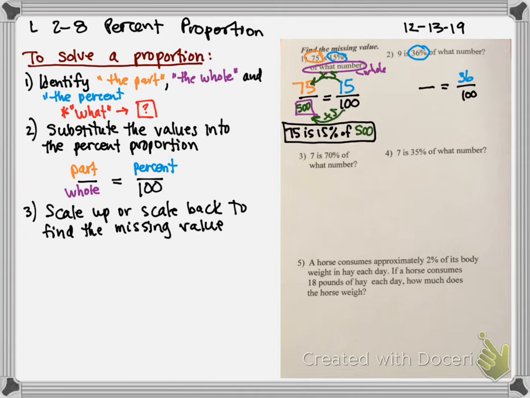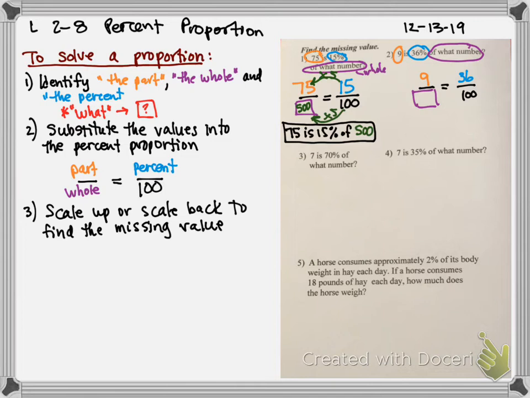So that means that 9 is the part number because it's of another number. So it's a comparison. So 9 is the same as the 36%, okay? Which means of what number is our mystery number, our whole number.